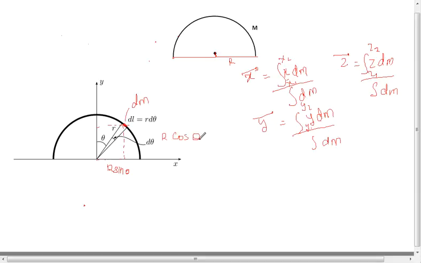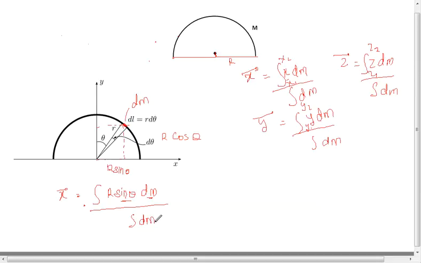So what is the x coordinate? The x coordinate is basically the integration of r sin theta dm. Here theta is a variable, dm is an infinitesimal quantity, and r is constant.